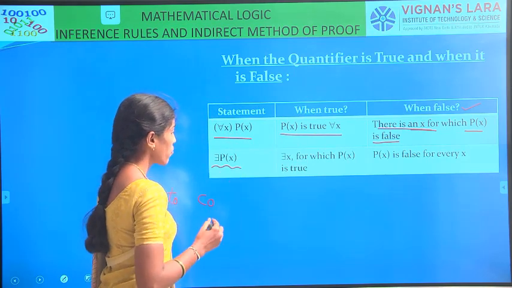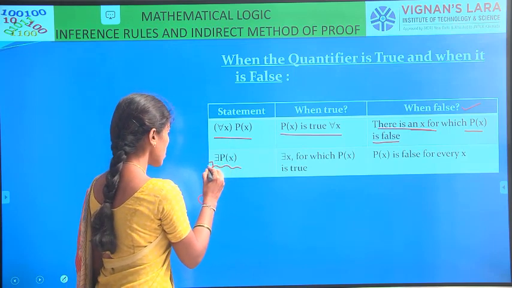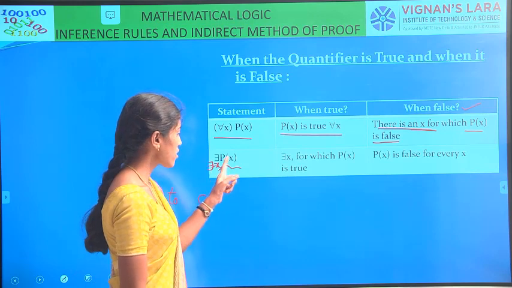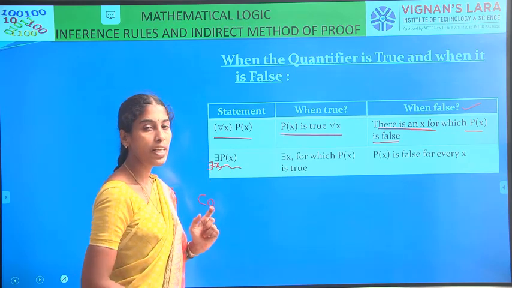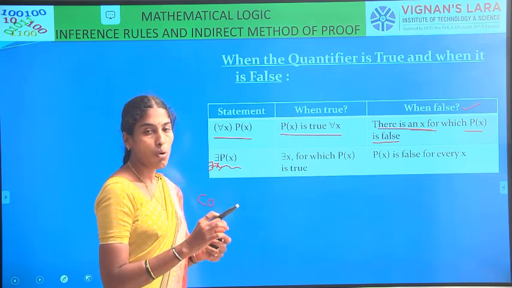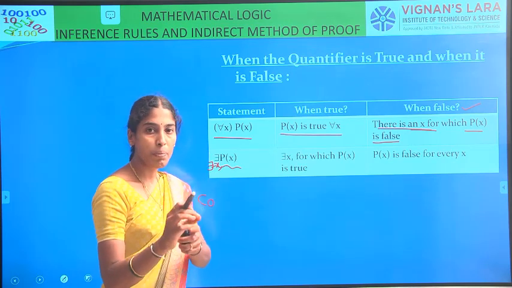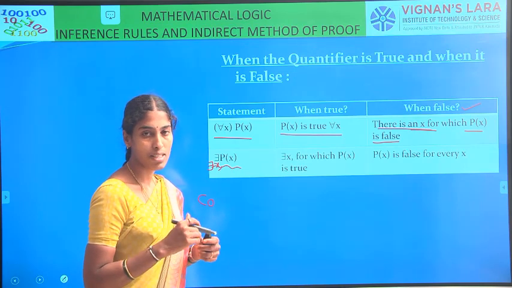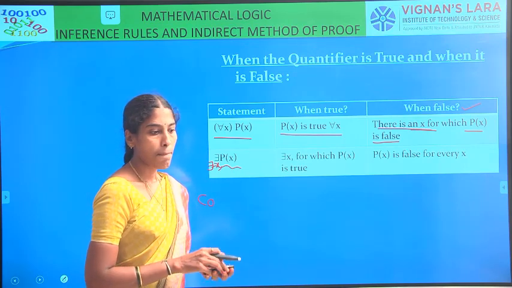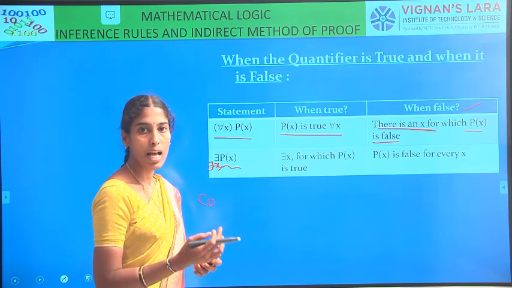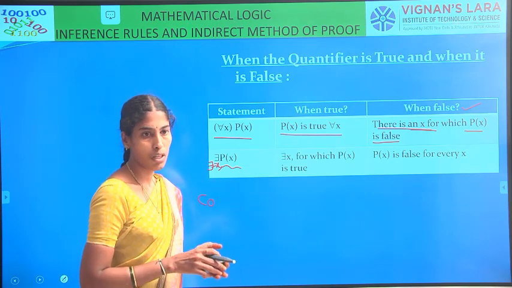There exists X, P of X, right? When it is true, there exists, right? So there exists some X, P of X. Now my statement is, there is an apple, right? There is an apple in this room.